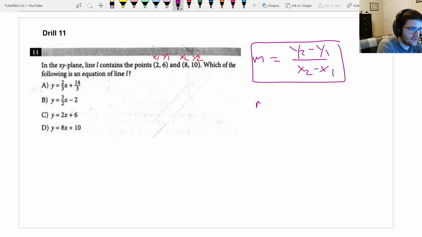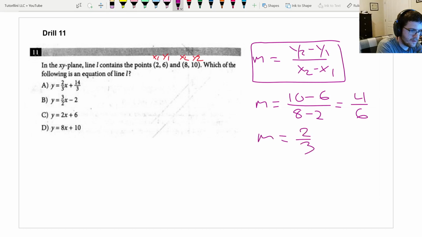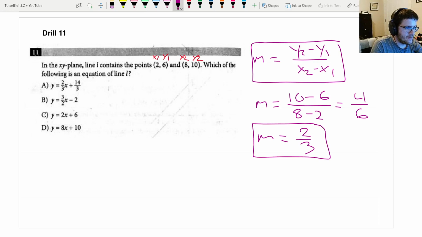So the slope is 10 minus 6 over 8 minus 2. So that's 4 over 6, which simplifies to 2/3. And I mean, I don't even need to go any further. The only one with a slope of 2/3 is A. So I guess I can just stop there.